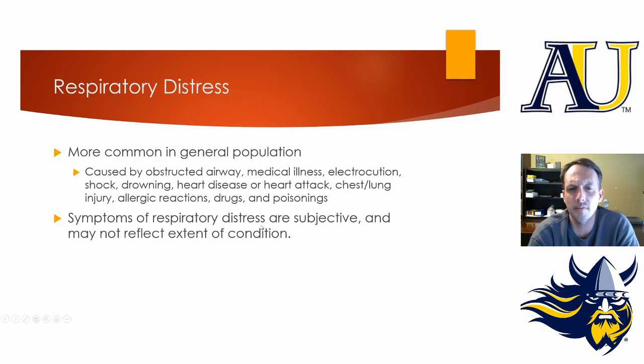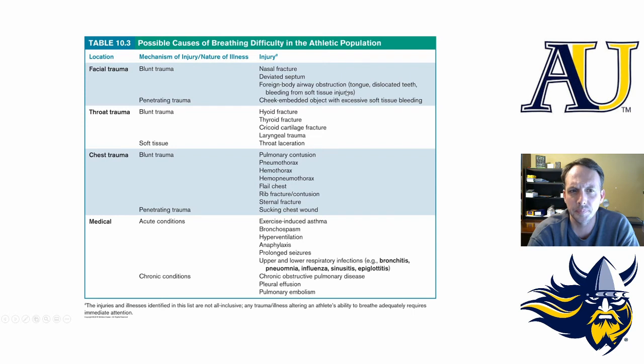I mean, most of our cases will be something with a more exercise-induced asthma or maybe some sort of allergic reaction, but you can see all of these different components there. And so the other thing with this is the symptoms are subjective and may not reflect the extent of the condition. So this is where we're going to look at oxygenation levels and different components as well.